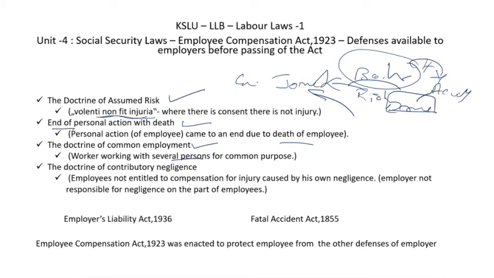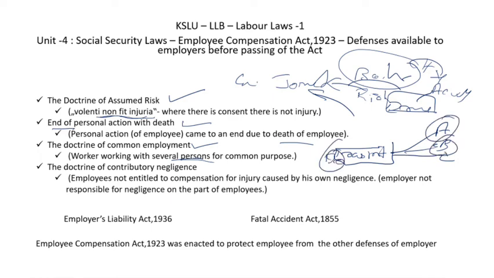If he is working for several persons for a common purpose, for example a transport company used by company A, company B and company C, and the driver dies in an accident, company A says that he was working for B and C as well. So it is something like common employment, and in that case employers used to take some shelter.